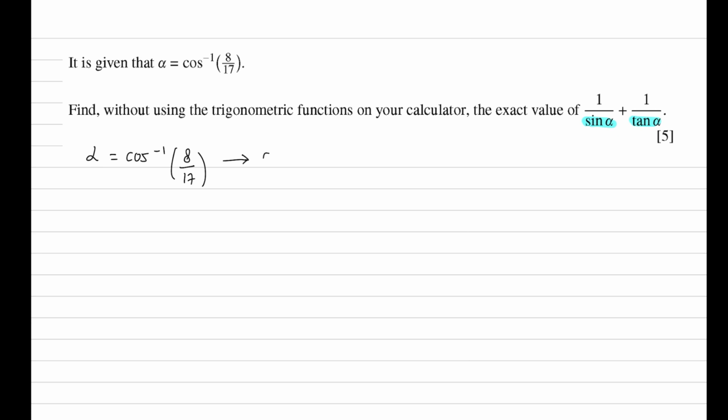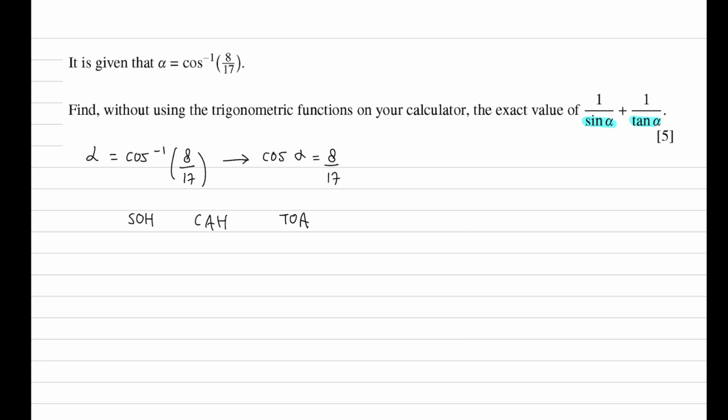So we can write down cos alpha equals 8 over 17, based on the definition of inverse trigonometry function. And because here we have the value of cos alpha as a fraction, we can use the SOH CAH TOA formula. Go back to our basic formulas of sine, cosine, and tangent.